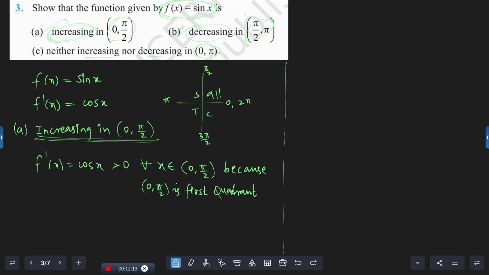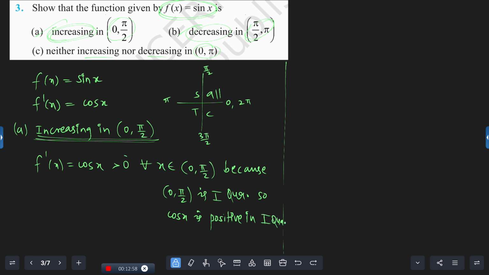Instead of mentioning all, you will write cos x. Because 0 comma pi by 2 is the first quadrant, cos x is positive in the first quadrant.